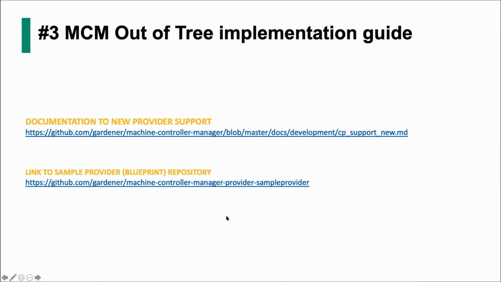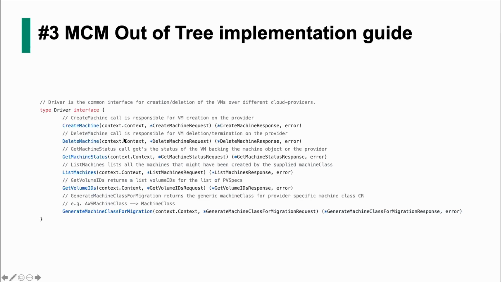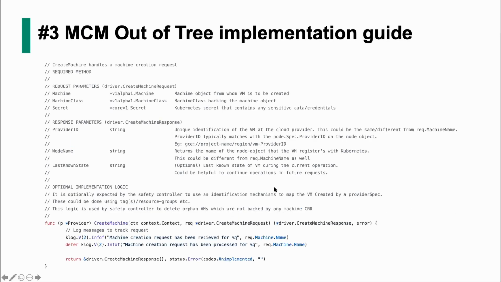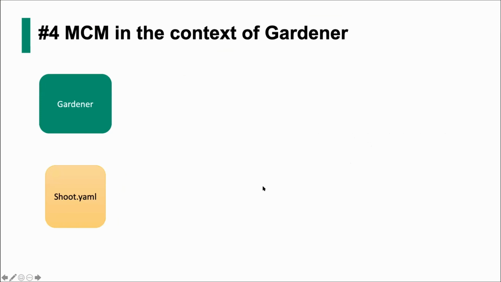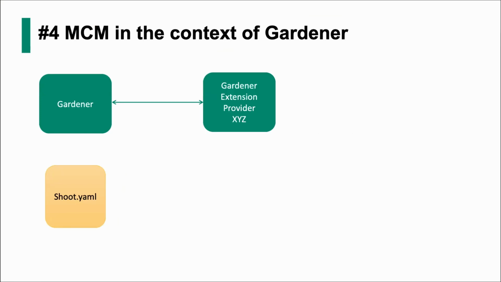Okay, so we covered the documentation and the sample repository part, and also we looked at the interface. Now talking about machine controller manager in the context of Gardener. When it was in-tree MCM, we had what is known as the Gardener extension provider, which is specific to the cloud provider.